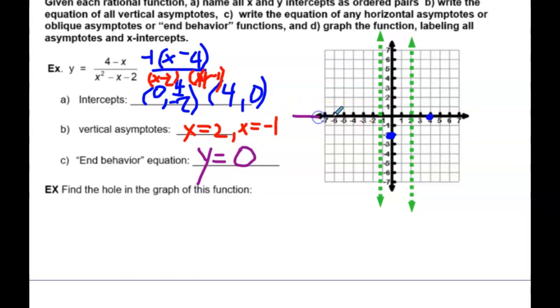So there is a horizontal asymptote here, which it clearly crosses. Yes, guys? Because we have an x-intercept right here at 4. All right. Then we go to the calculator and we type it in as we originally started.